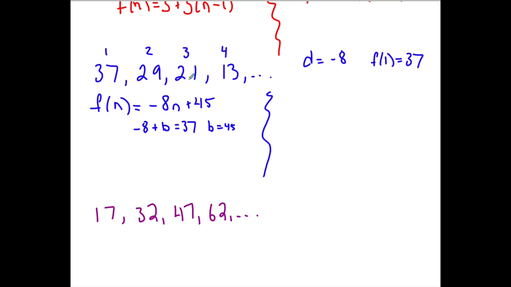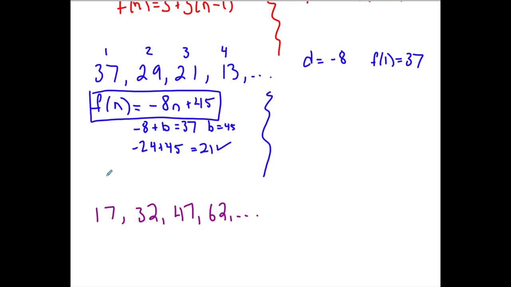And to test that, let's plug in 3. If I plug in 3, I'm supposed to get 21. When I plug in 3, I get -24 plus 45, because -8 times 3 is -24, and that is 21. So that checks out. I know this is right. I know I've got a 100% correct answer.